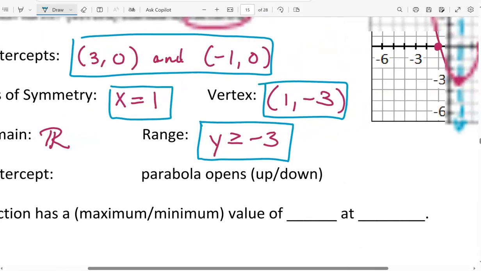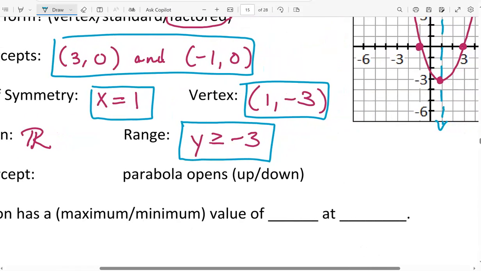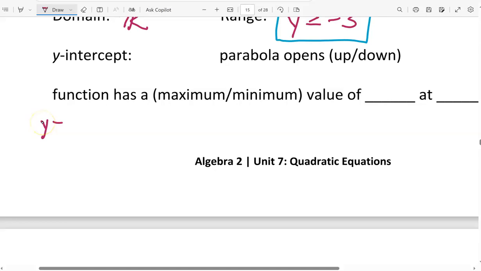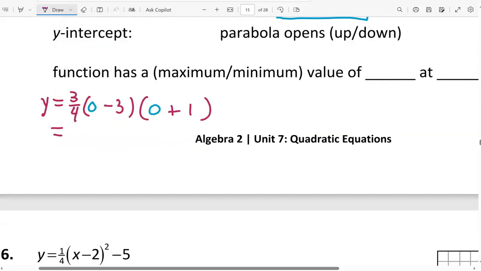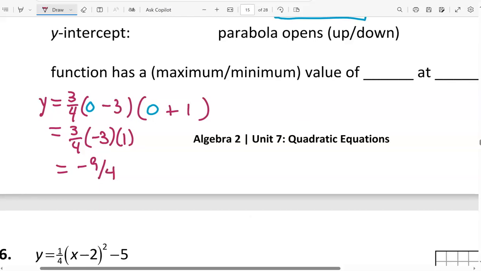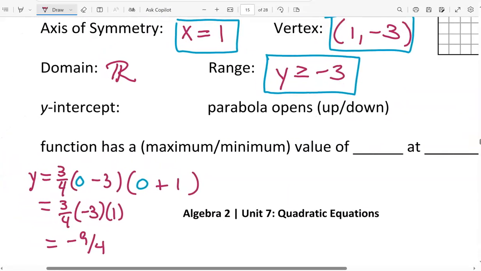The y-intercept can be found by replacing x with 0 and using the equation to find y. So we have 3/4 times -3 times +1, which is -9/4. That's -2 1/4.